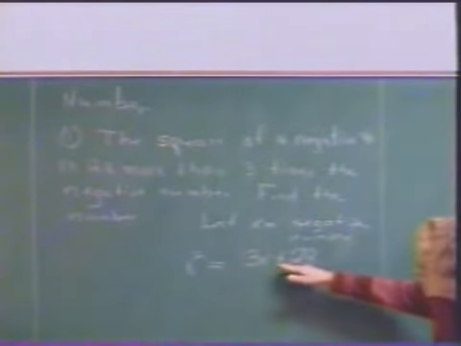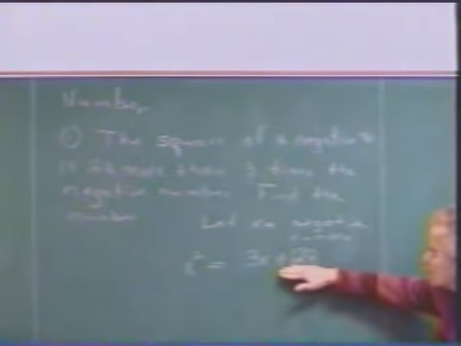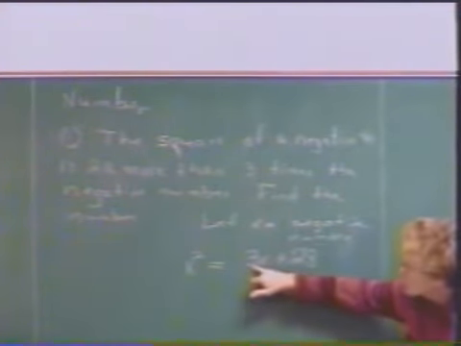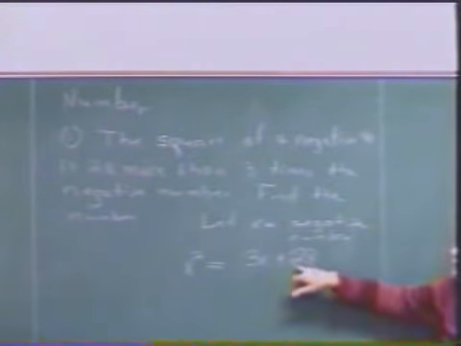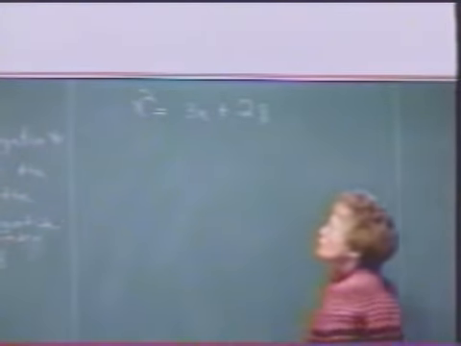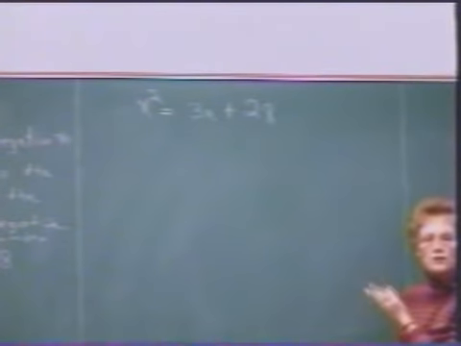With less, if it had said 28 less, you'd have to put minus 28 at the end. So we generally do more the same way. Here's the 3 times the negative number, and here's the 28 more. So I'm going to write the problem up here so we can all see it. x squared equals 3x plus 28. That's our translation.